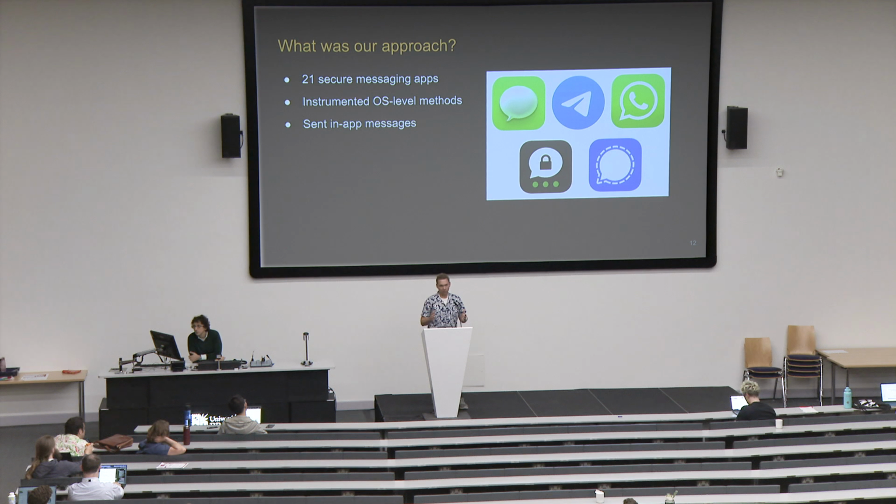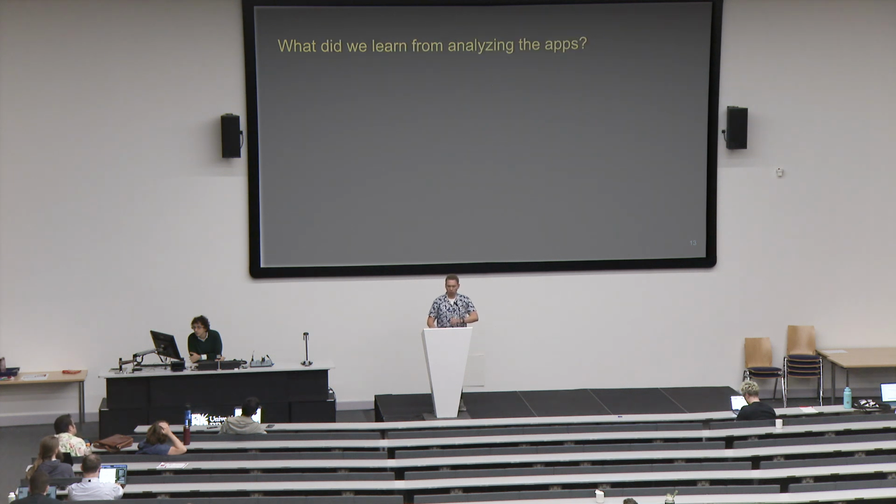We then installed each of the apps, registered an account, and basically just sent messages to that device in order to trigger push notifications by those apps. And finally, we observed contents or lack thereof, as well as any mitigation strategies that developers might be using in order to protect them.